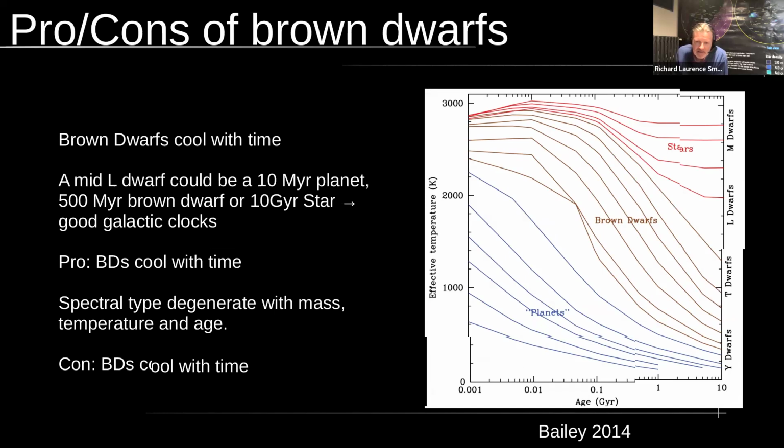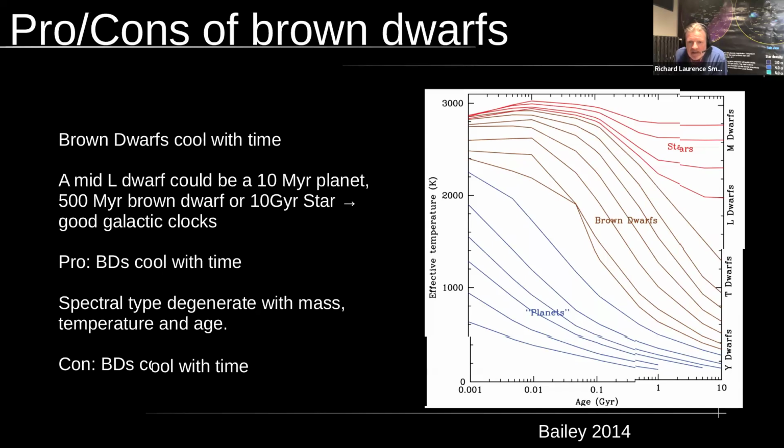Brown dwarfs and planets, they tend to cool very quickly over the first half a gigayear or 200 megayears, and then they slowly become steady after about 1 gigayear, 2 gigayears. So the pro is that these brown dwarfs cool with time.